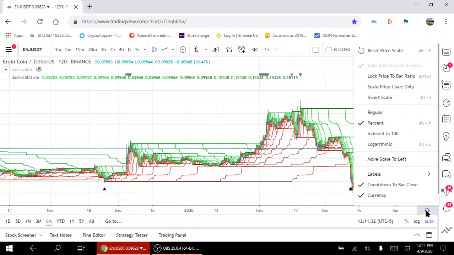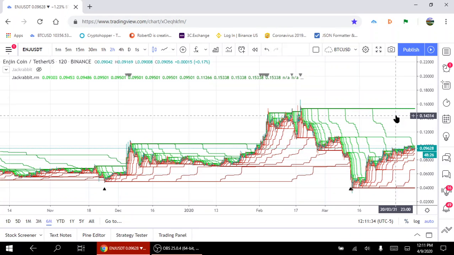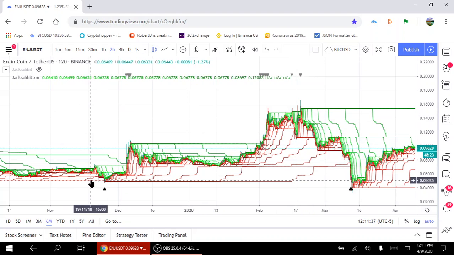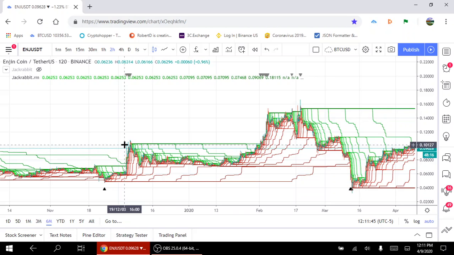Let's go to prices. There we go. So roughly 0.4% to roughly 10%. So a 6% profit just for this little hop right here.